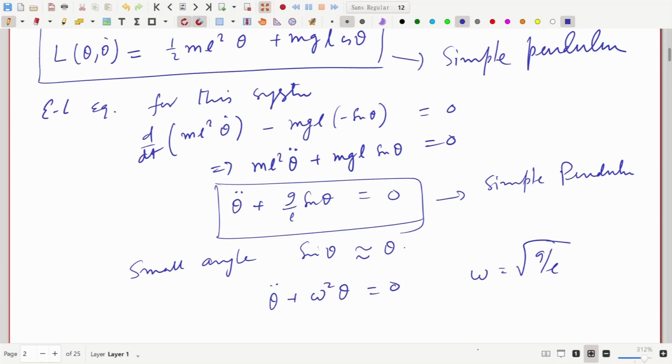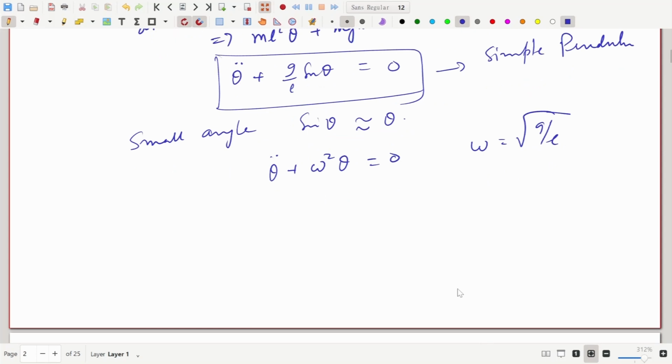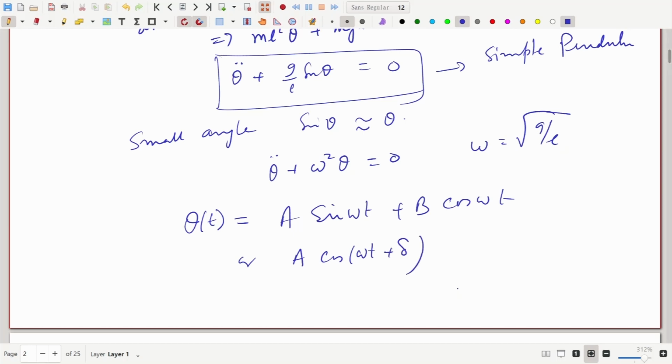So this is fine. We have found the Lagrangian for a simple pendulum, and we have found that it produces the correct equation of motion. Ultimately one has to find a solution. The solution for the angle of oscillation, how it changes with time, will be a sin ωt + b cos ωt, or alternatively you can write a cos(ωt + δ), because it is a second order differential equation.